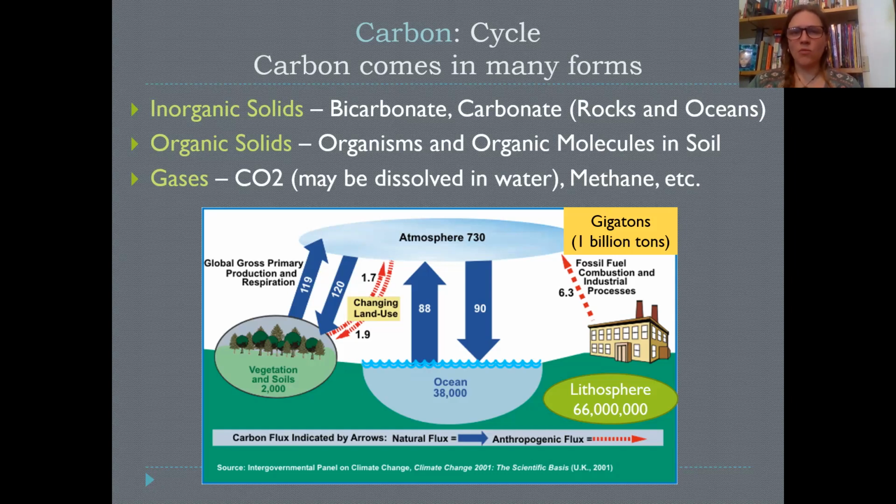Other places where there are large amounts of carbon are the ocean, about 38,000 gigatons of carbon there, and places like vegetation and soil, about 2,000, and the atmosphere, over 700 gigatons. Interestingly, you can see these fluxes, or pathways.